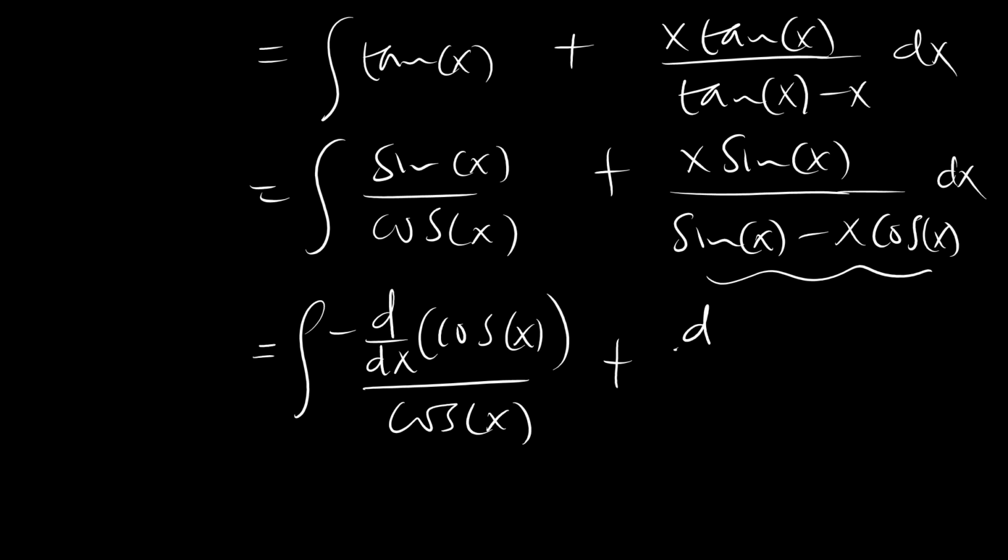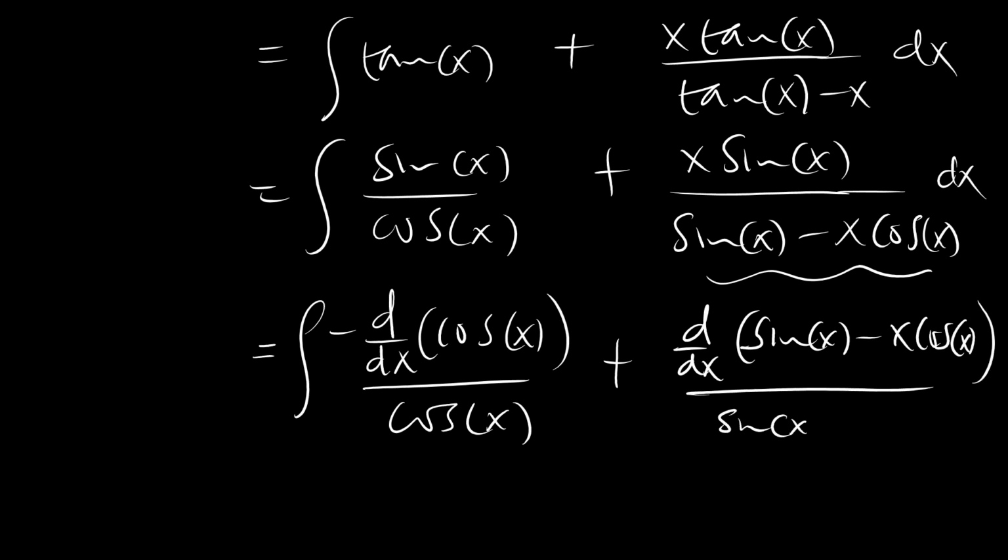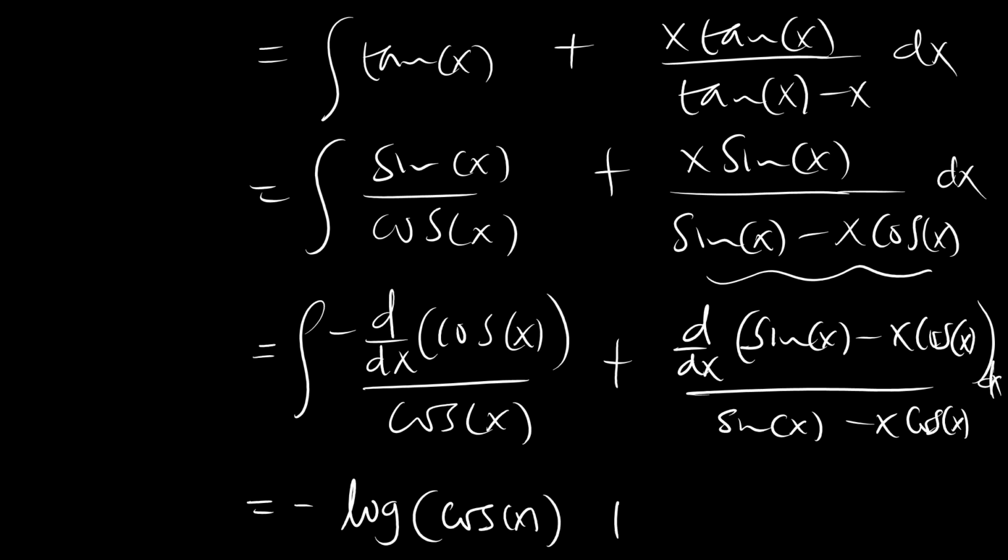So in other words, the numerator is the derivative of the denominator, sine of x minus x cosine of x. And as we can see here, we get the negative natural logarithm of cosine of x plus natural logarithm of sine of x minus x cosine of x plus integration constant.